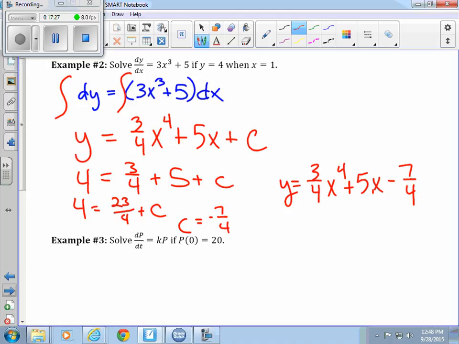This next one needed to tell you one other thing. They needed to tell you that k is a constant. But you kind of know that based on it not being a variable in dp over dt. Does everyone see what I mean by that? So dp over dt equals k times p, if p of 0 is 20. This is actually a very, very important differential equation. Very common.